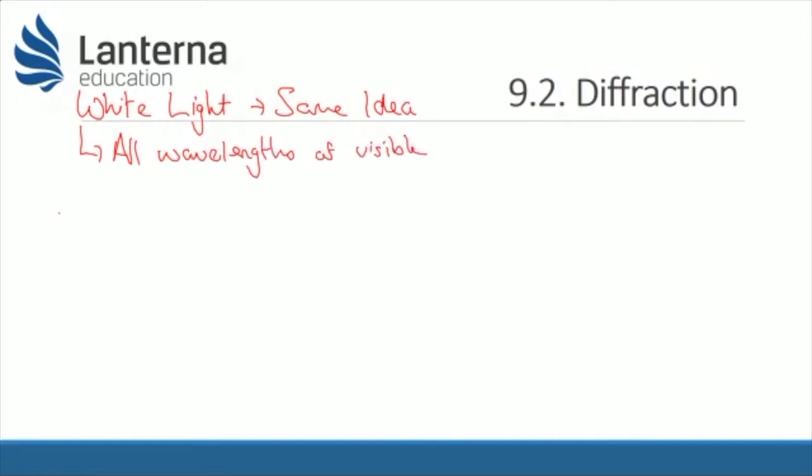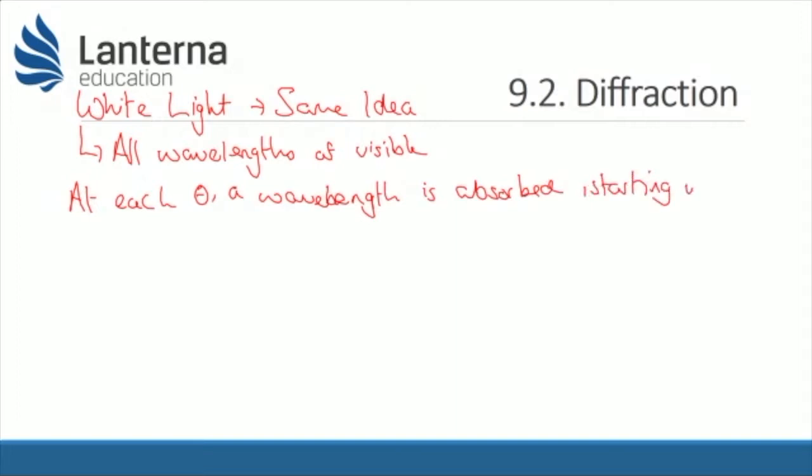And what's going to happen is at each value of theta, a wavelength is absorbed, starting with the shortest wavelengths.